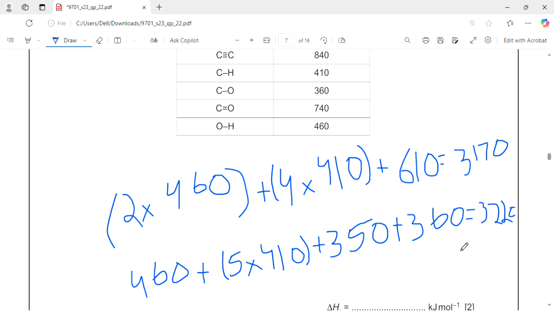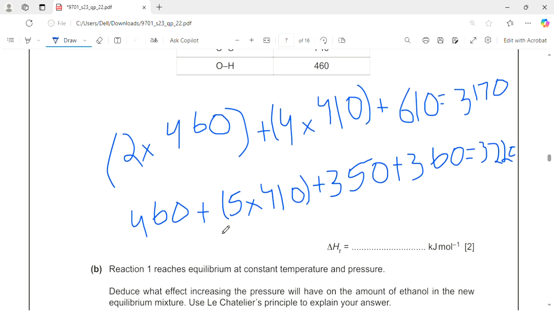Okay, so we just subtract the value, 3170 minus 3220.